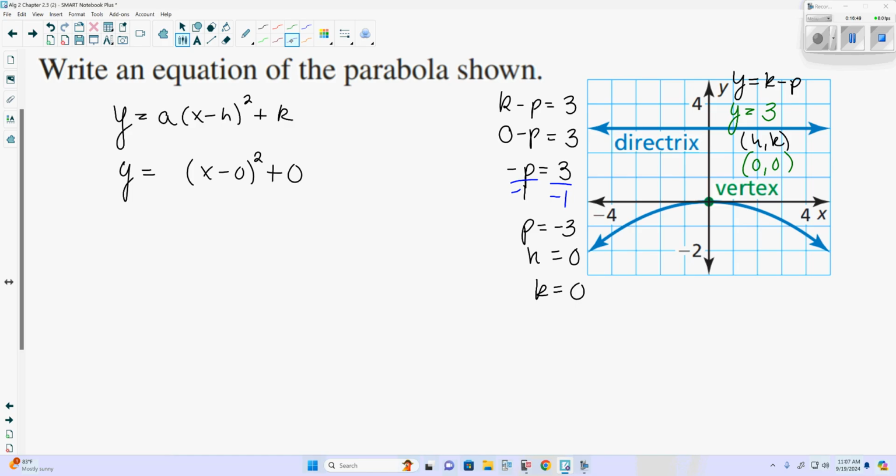So we still need to find a. A is still equal to 1 over 4p. So 1 over 4 times negative 3. And if we calculate it out in the calculator, it's negative 1/12. And we can replace a with it. So questions on how we got here?